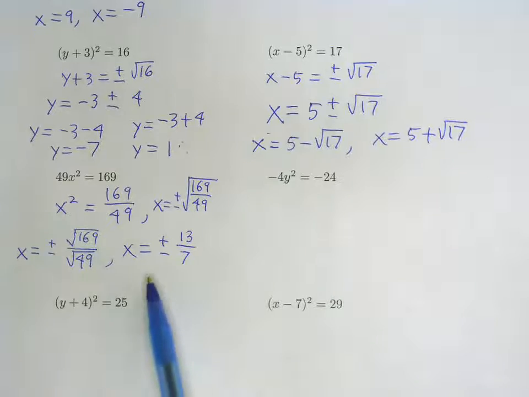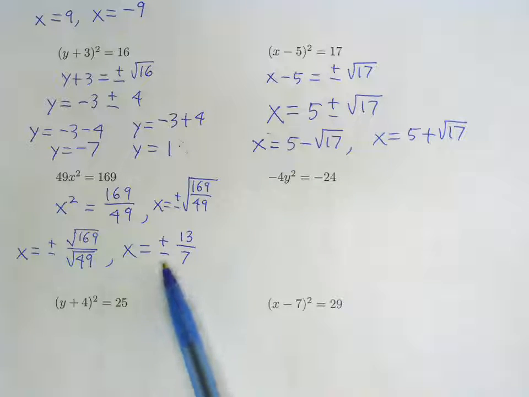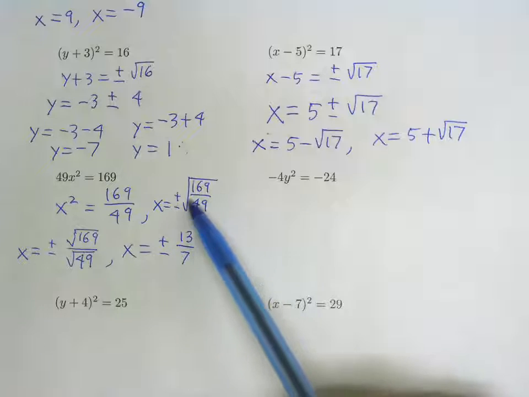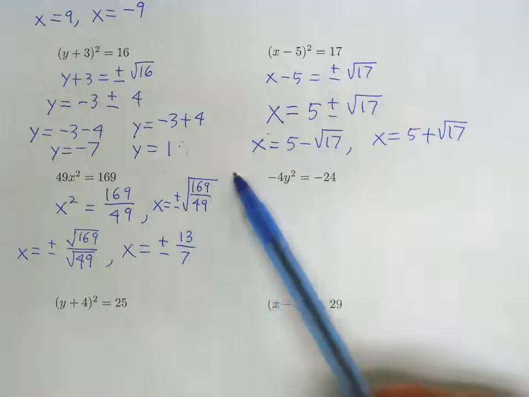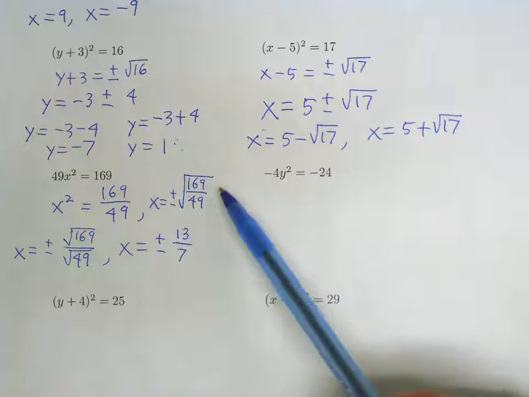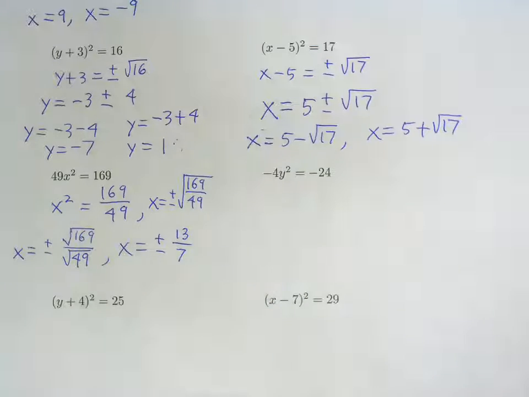So one of the solutions is positive 13 over 7, and the other solution is negative 13 over 7. It's okay if you want to just simplify directly the square root of 169 over 49. So directly, the square root of that fraction simplifies to 13 over 7.